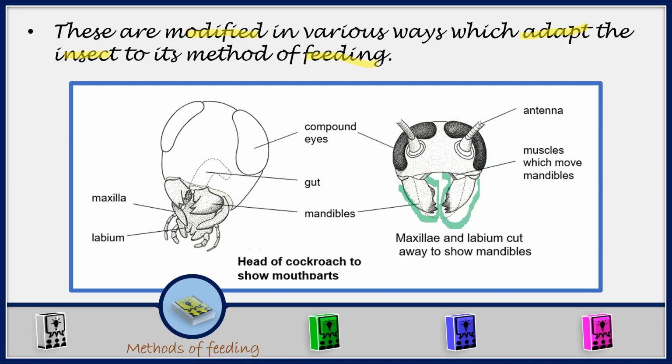Then there are other insects that feed on liquid food substances. Those will have a different modification because they are adapted to a different feeding method. So the mouthparts are modified according to the feeding method of the particular insect.